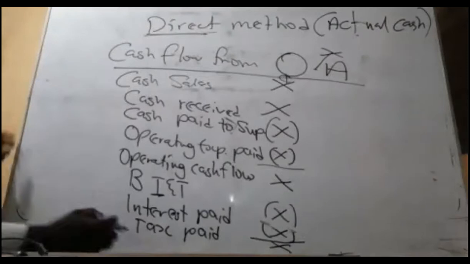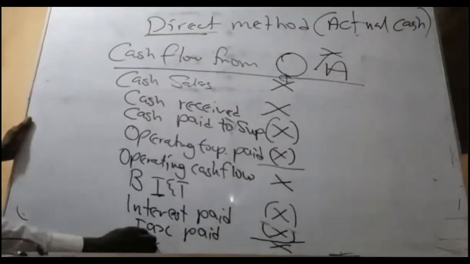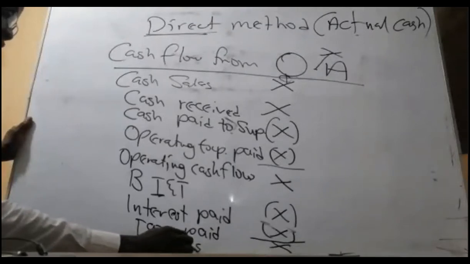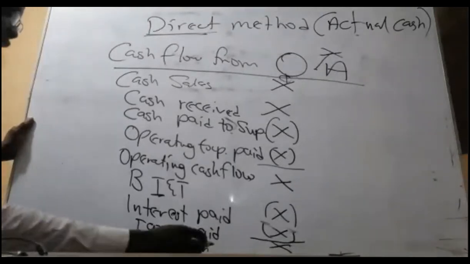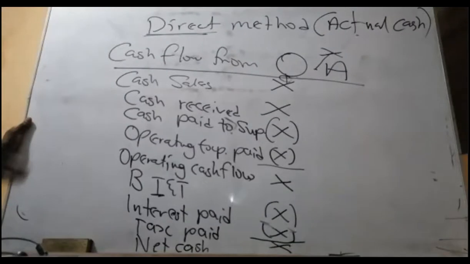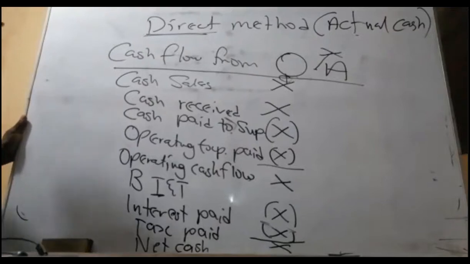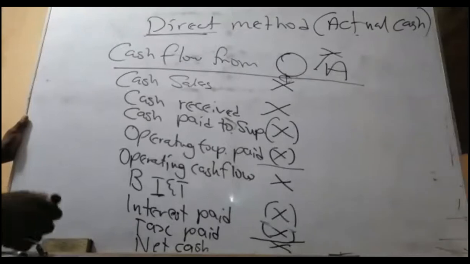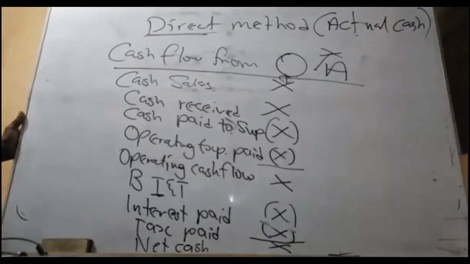So we call it net cash flow. If you want trouble for yourself, tell the examiner that it is cash inflow or outflow. If it is positive, it is inflow. If it is negative, it is outflow. But if you don't want trouble, just tell the examiner it's net cash flow.